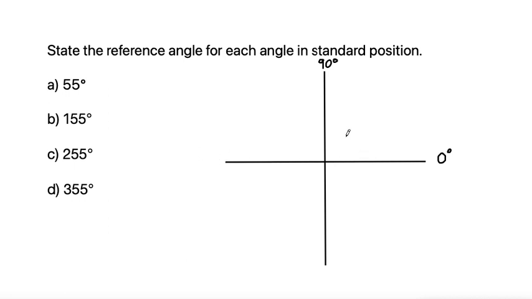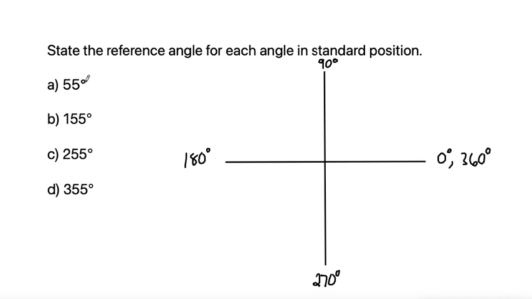Over here, the straight line makes 180 degrees. And then continuing 90 degrees past that is 270. And then back to 0 is a full 360 revolution.